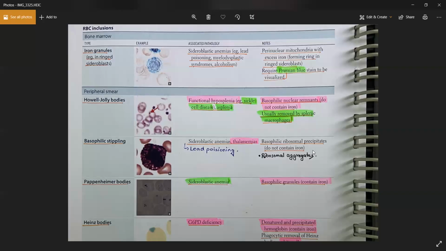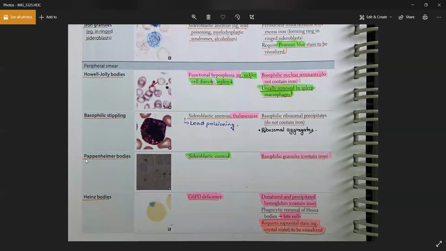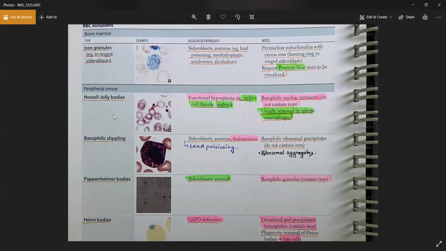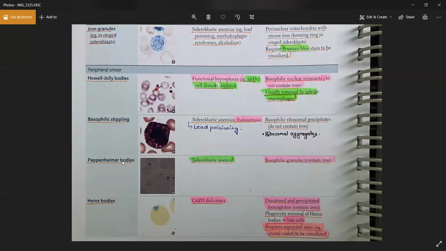You just need to remember a few exceptions. In Howell Jolly bodies, it is DNA. Pappenheimer bodies are iron bodies you will see in sideroblastic anemia, because in sideroblastic anemia you have very high iron inside the cell, right? These ring sideroblasts are also iron bodies, and Pappenheimer bodies are seen in the peripheral blood smear along with macrocytosis, right?